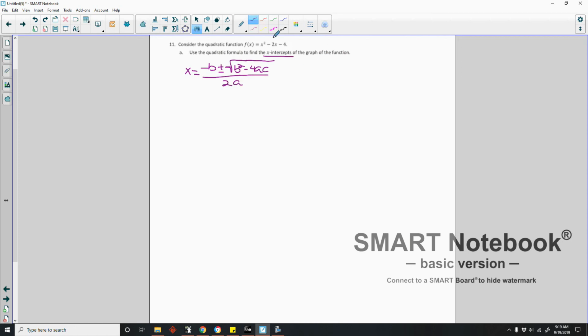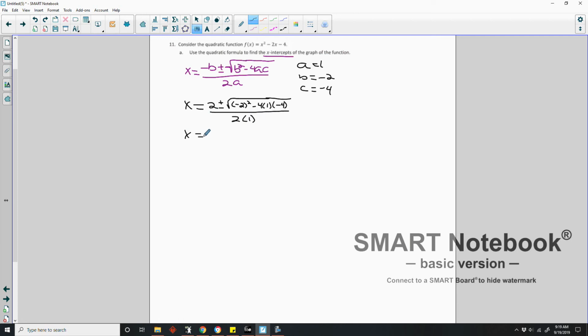All we're doing is the quadratic formula again. A is 1, b is negative 2, and c equals negative 4. So substituting that in, I get x equals negative negative 2, which is 2, plus or minus the square root of b squared, which is negative 2 squared, minus 4 times a times c, all over 2a.